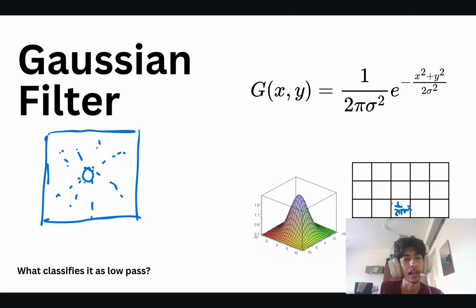Light is going to change from one pixel to another very gradually, and this is what makes it low pass. When you do the convolution with your kernel, you are effectively blurring out all the high frequencies that exist because you're taking an average of them, right?